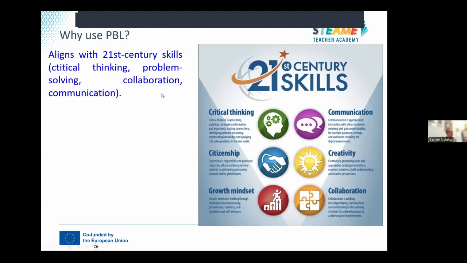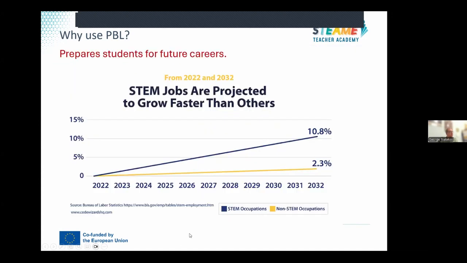And these skills are very important. And knowledge is also very important, but these skills are becoming more and more important in the abilities that a new citizen must have to address the real world problems.